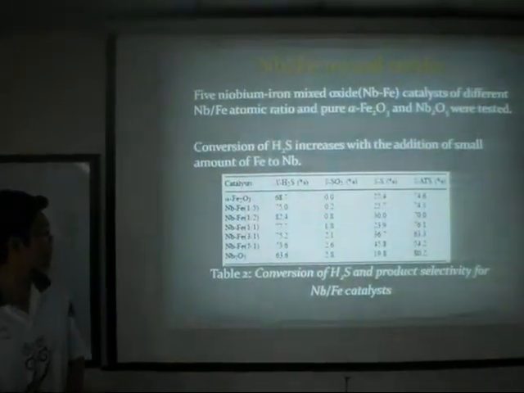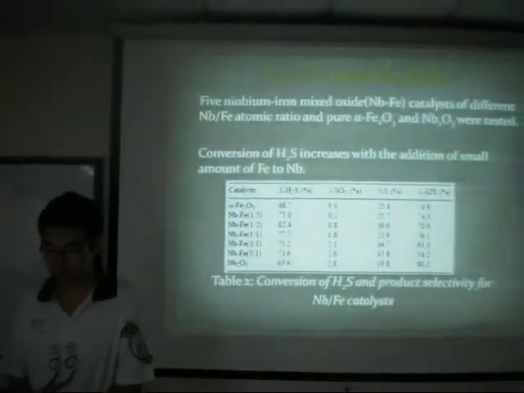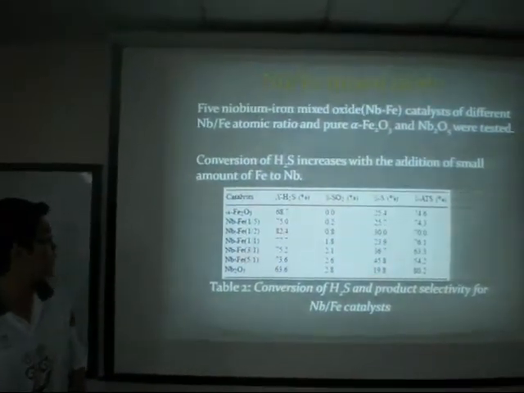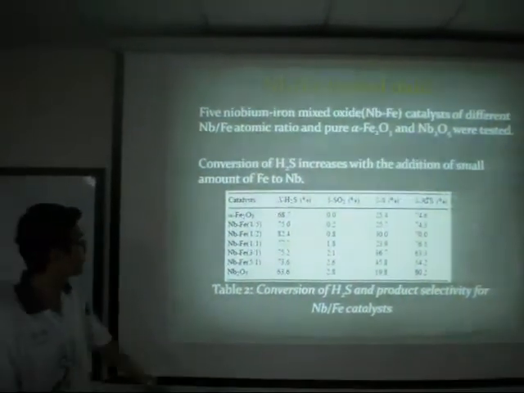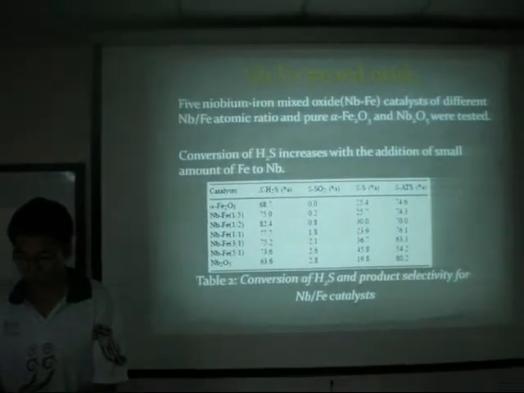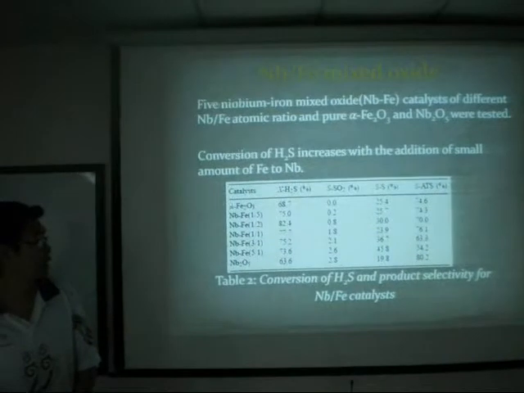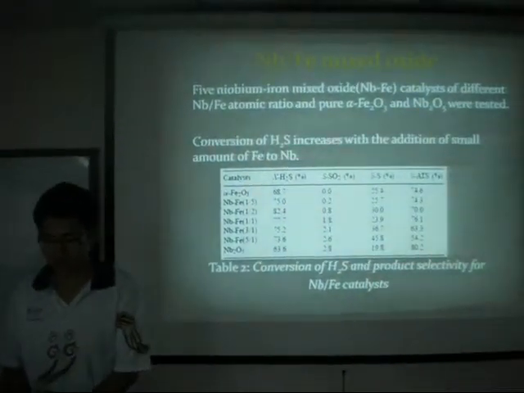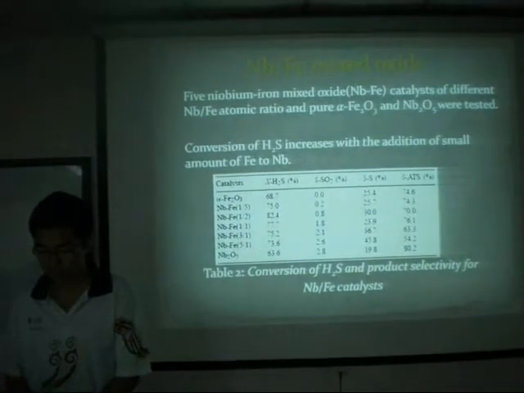The result is shown in Table 2, in which the highest conversion was obtained with a niobium to iron atomic ratio of 1 to 2. All the niobium iron catalysts have higher selectivity of ATS than sulfur, and they all show very low selectivity of sulfur dioxide.